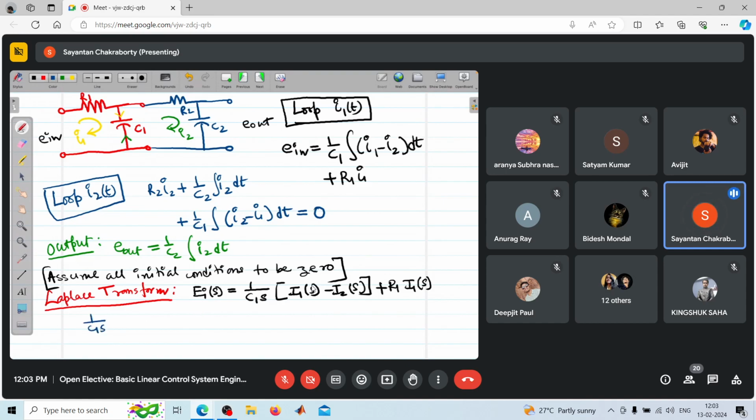1 by C1s, as I'm writing this first, I2s minus I1s plus R2 I2s plus 1 by C2s I2s is equal to 0. And from the output equation, we'll write E out s is equal to.